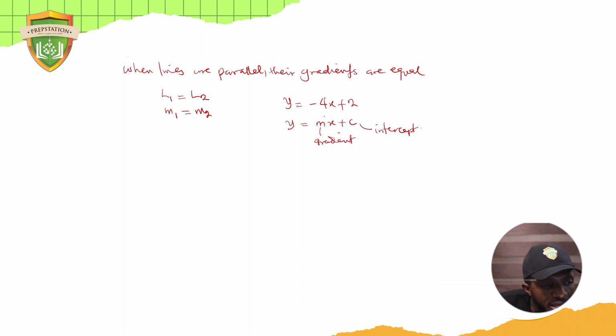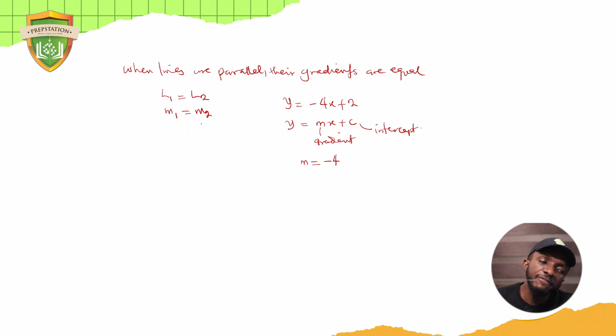If you compare these two, you could tell that m is minus 4. Look at this. c is 2, m is negative 4. Now, we're told to find the equation of a line that is parallel, so the new equation has the same gradient as the initial line given to us. So the gradient is minus 4.